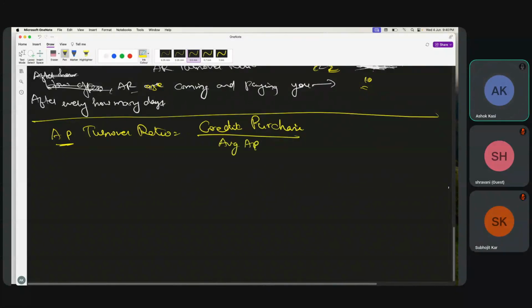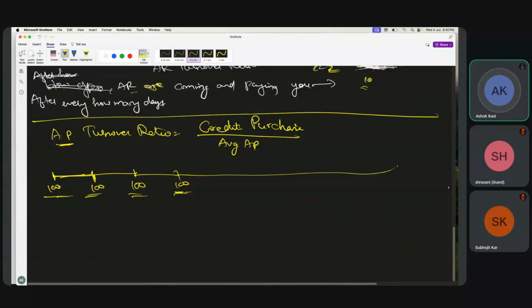average accounts payable. So imagine you are making a purchase of 100 on credit. Then after 1 month you are paying, and then again you are making a purchase of 100 on credit. Then after 1 month again you are paying. You keep doing this, so every time you have a credit purchase of 100, every month.